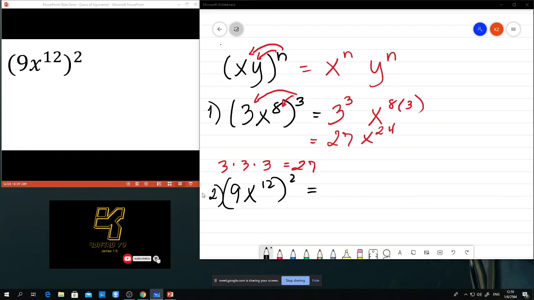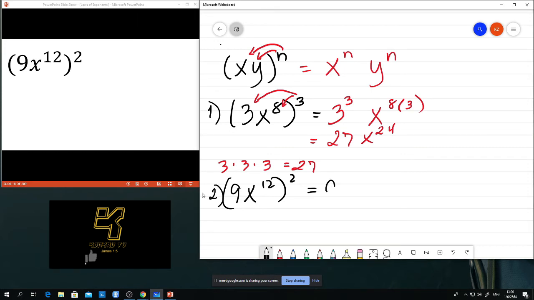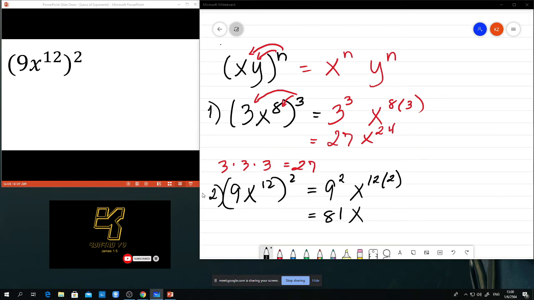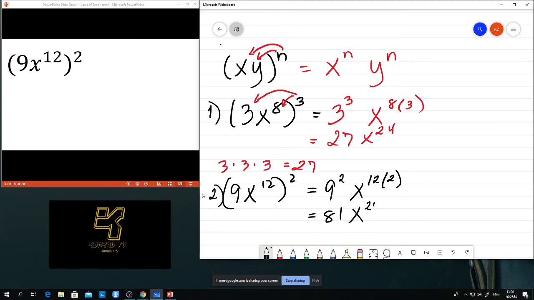So, 9 to the power of 2, and then x to the power of 12 times 2. How many is 9 to the power of 2? 81. Very good. And x to the power of 24. 24. Thank you.